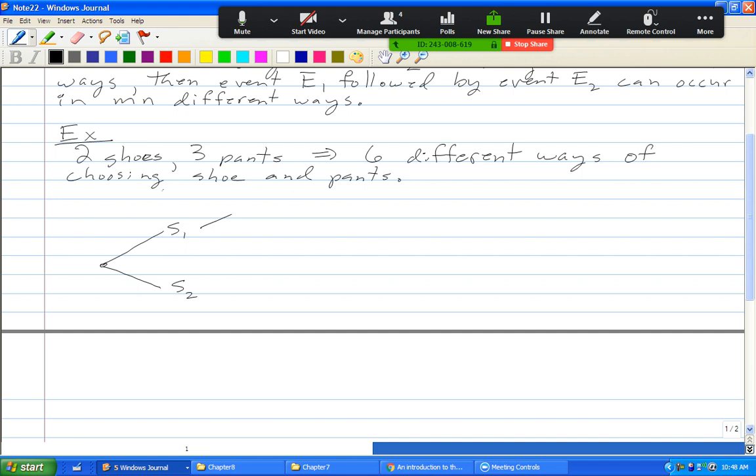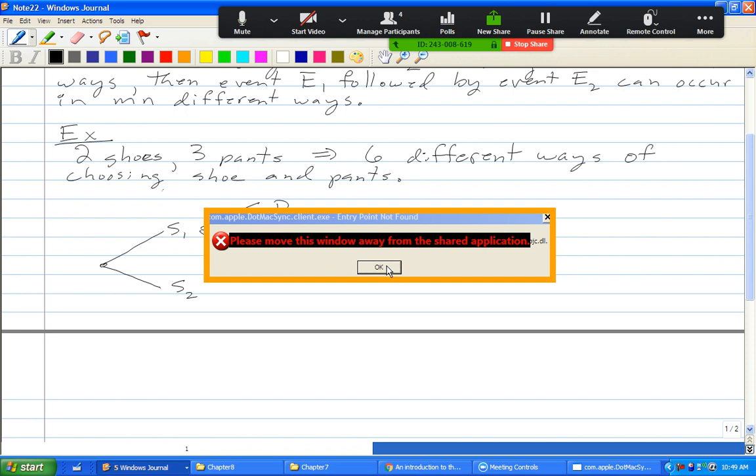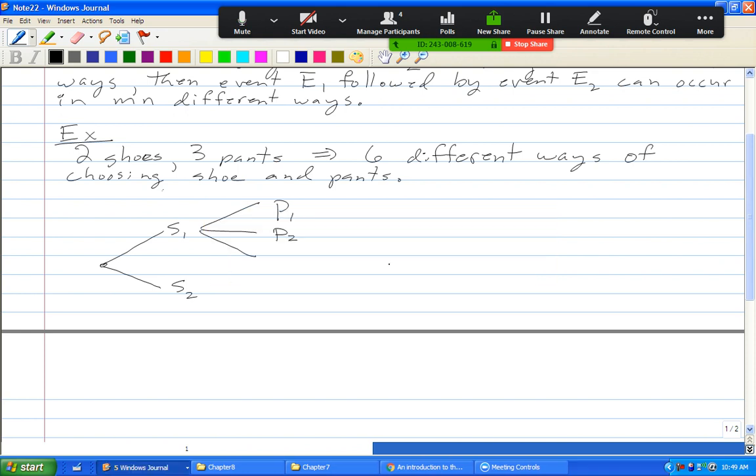Now I can choose this pant or this pant or this pant.